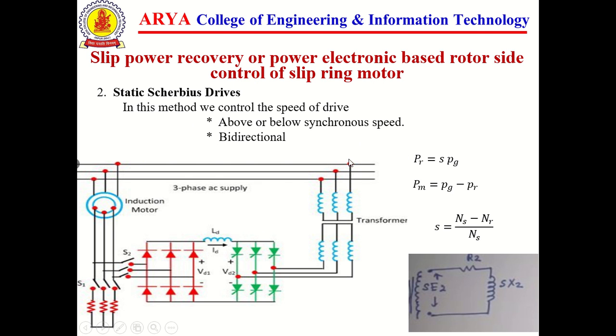And this method works bidirectionally. That means sometimes, if we demand motor power, we give feedback from this system. Whenever we need to give excess power, then we use this direction. When we need some power for the operation of the drive as demanded by the load at a particular speed, this method works as a bidirectional drive.